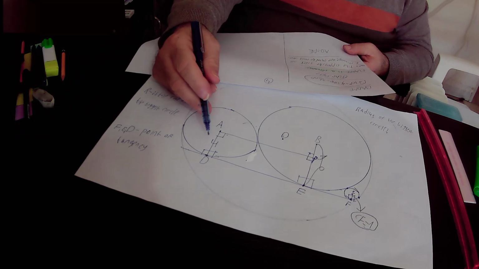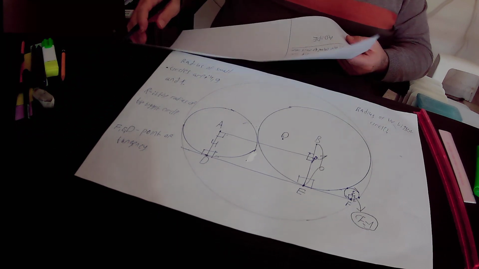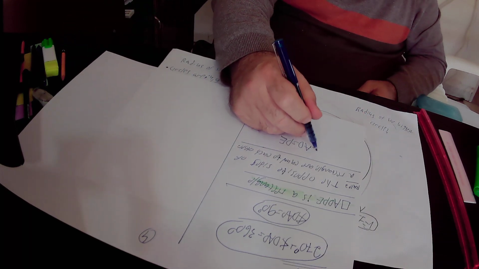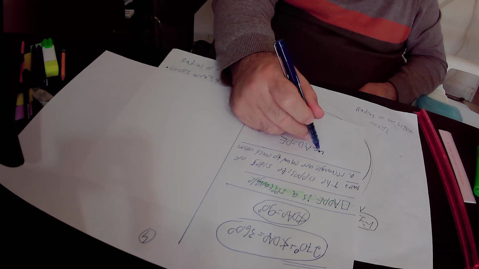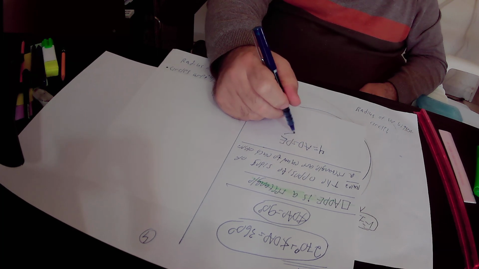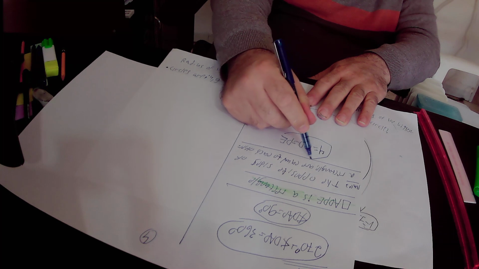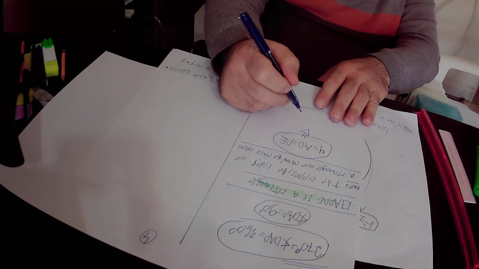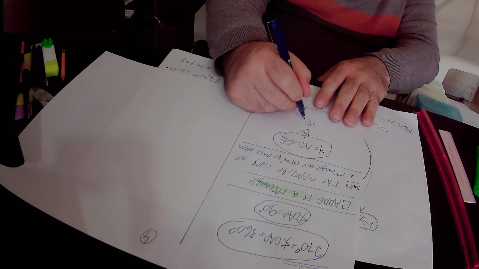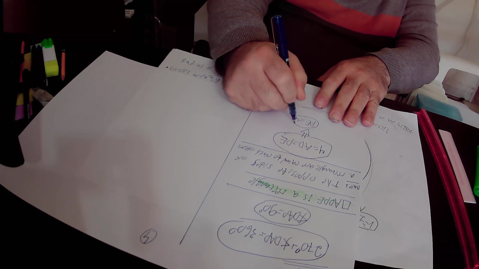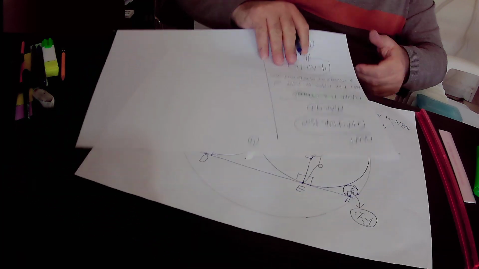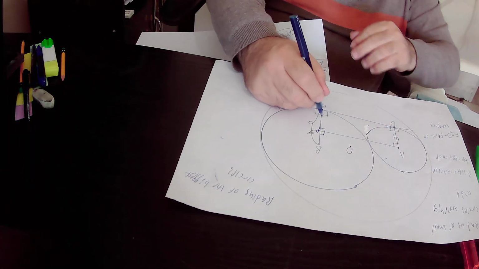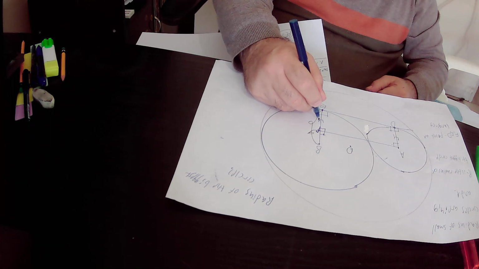But we know that AD is the radius of this circle that is equal to 4 units, AD equals 4, according to what is given in the question. And from this equation, 4 equals AD equals PE, we will conclude that PE is also equal to 4 units. So write here that PE is equal to 4 units.